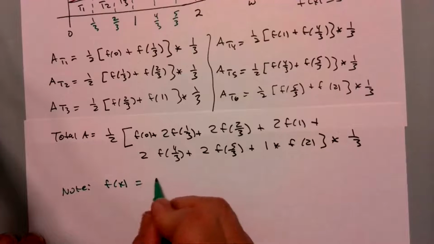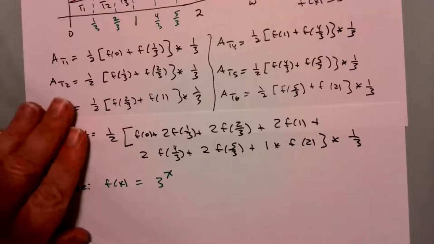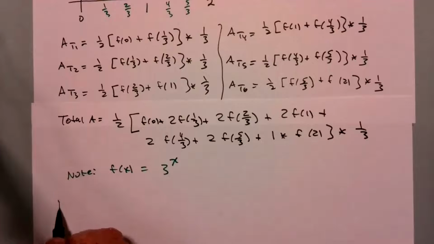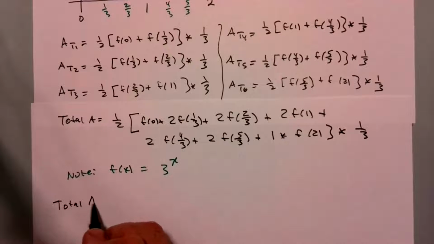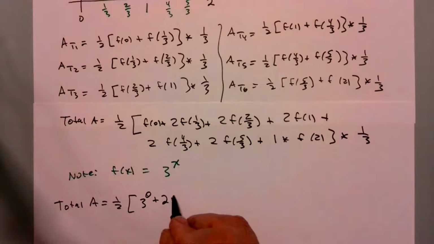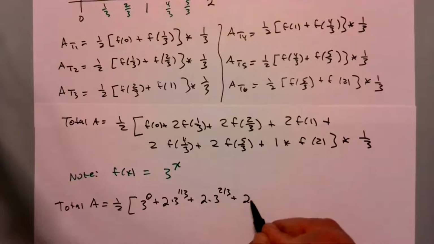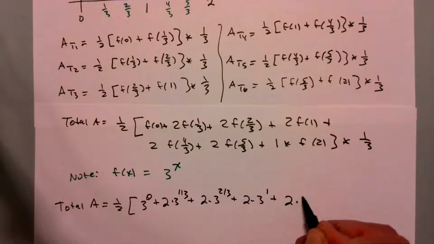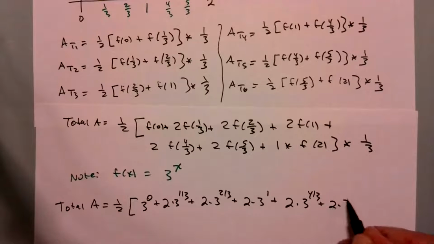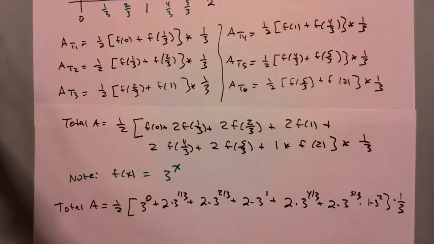So if I write all this out, the total area based on 6 trapezoids is 1/2 times 3 to the 0 plus 2 times 3 to the 1/3 plus 2 times 3 to the 2/3 plus 2 times 3 to the first plus 2 times 3 to the 4/3 plus 2 times 3 to the 5/3 plus 1 times 3 to the second, all multiplied by 1/3.